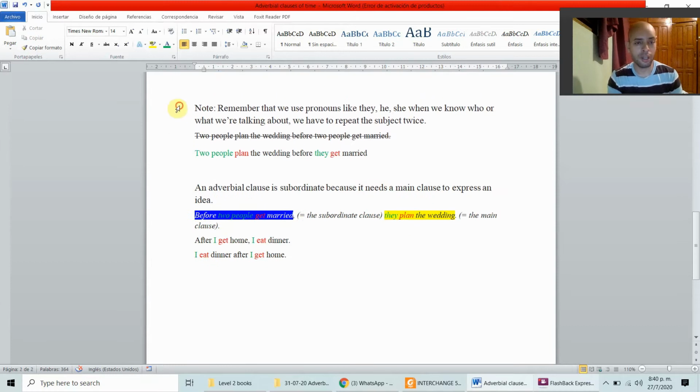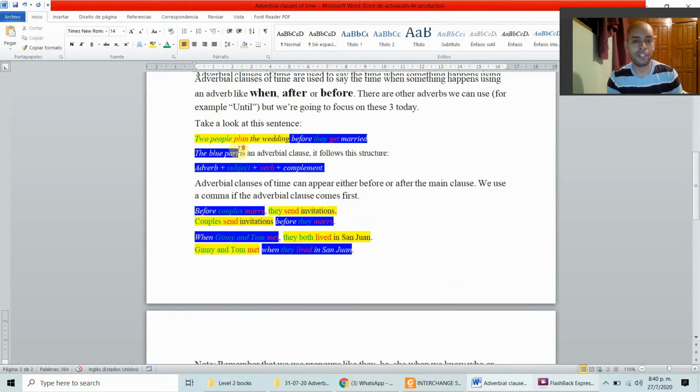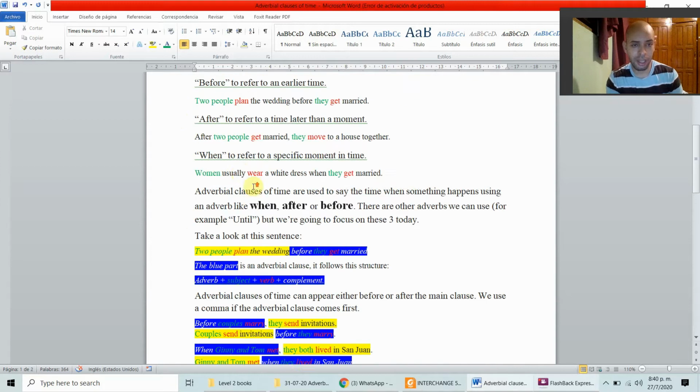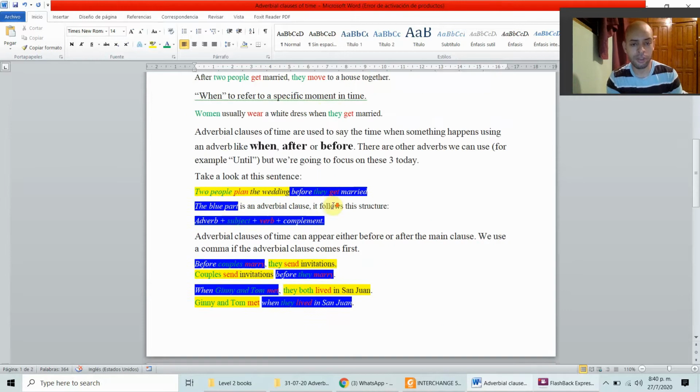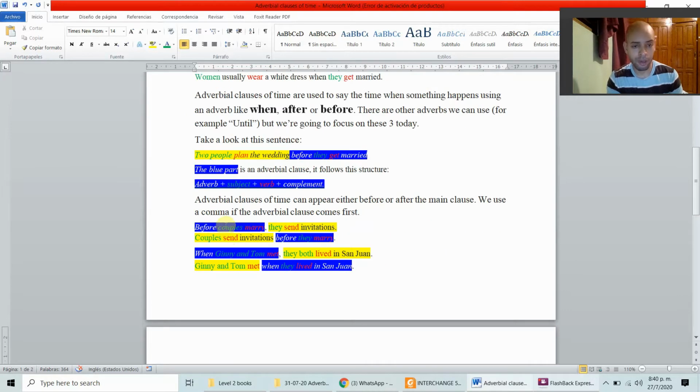So this is a quick note. Remember that we use pronouns like they, he, she, I, you, we, when we know who or what we're talking about. Because you might have said, well, here two people and then we use they. Here we use women and here we use they. Or here, for example, we use couple here when we say they.